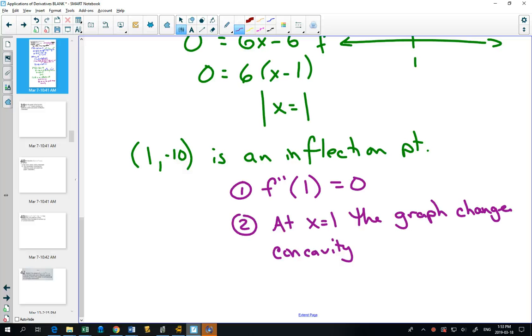Before 1, the second derivative was concave up. After 1, the second derivative is concave down. So we need those two reasons.